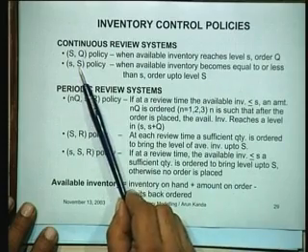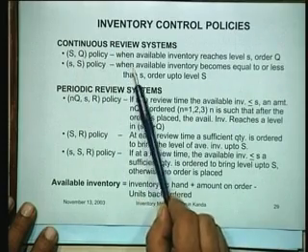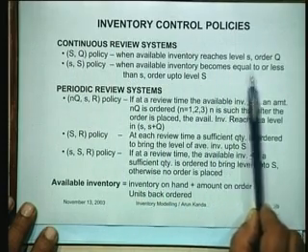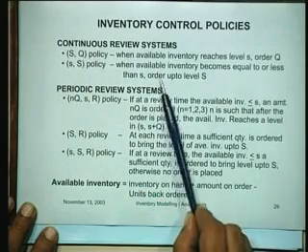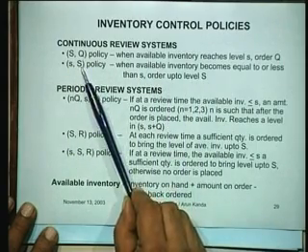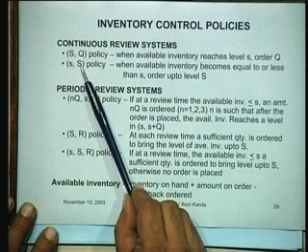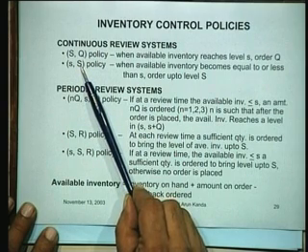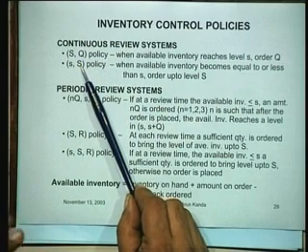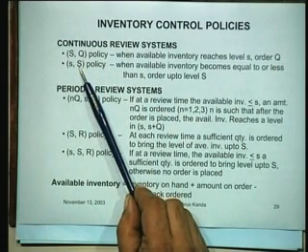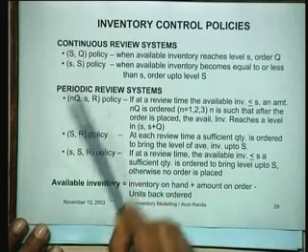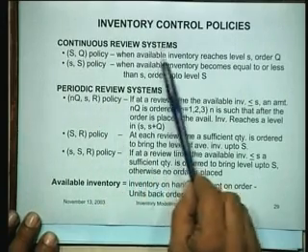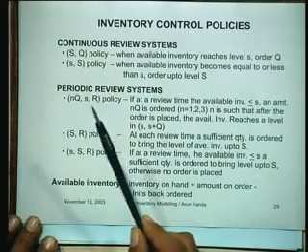In the SS policy, whenever the inventory becomes equal to or less than the first value s, you order up to a level S. That means the order quantity in the SS policy will be varying. It will not be a fixed order. You will try to bring the stock up to the maximum level S. That's the difference between the SQ and the SS policy, and essentially both of them are continuous review policies.